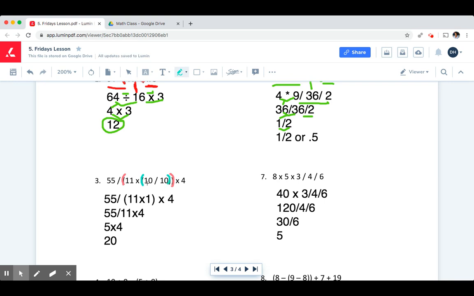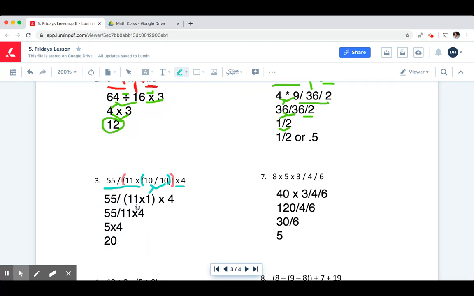So as you can see, inside of this larger pink parentheses, there's a smaller group. So I always start with that group of parentheses inside. 10 divided by 10 is 1. I copied everything else exactly as it's written, making sure to keep the parentheses around the 11 because I haven't solved that yet.